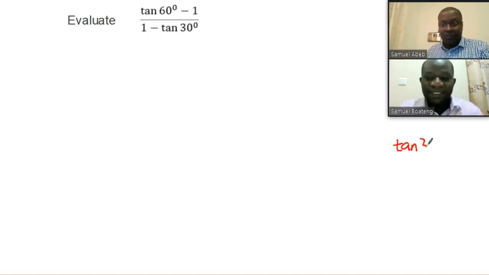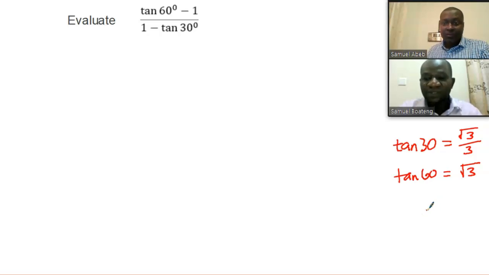So tan 30 is the same as root 3 on 3, and then tan 60 is the same as root 3. So this is what we expect from you for all the special angles.